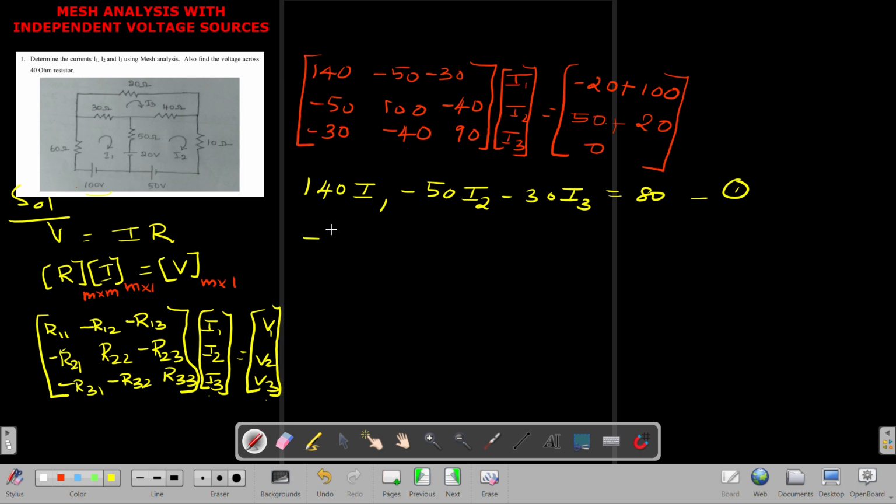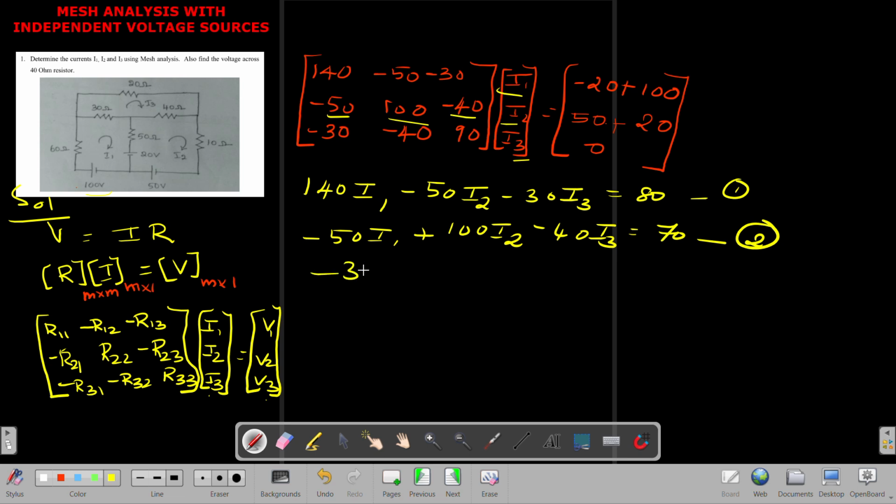Then we also have minus 50 I1, plus 100 I2, minus 40 I3 equal to 70. So this is the second equation.